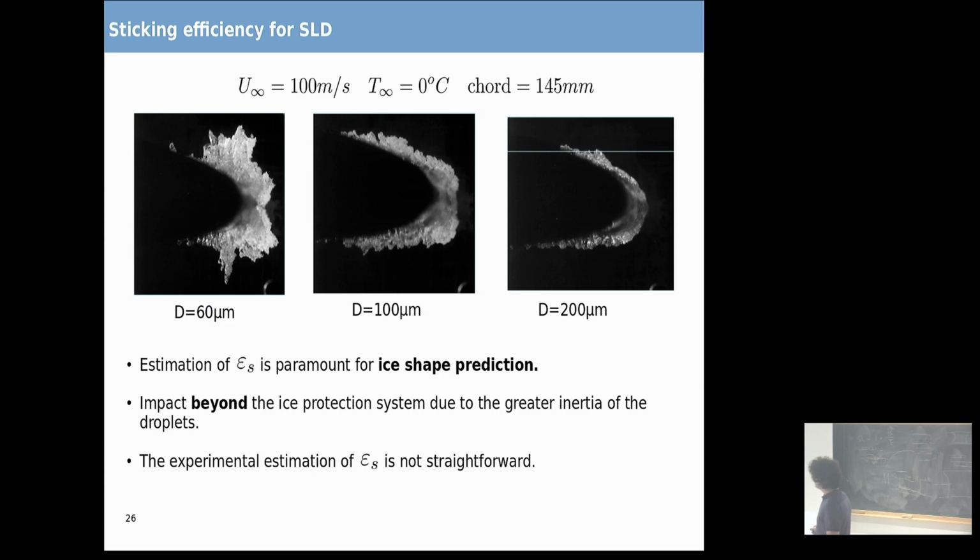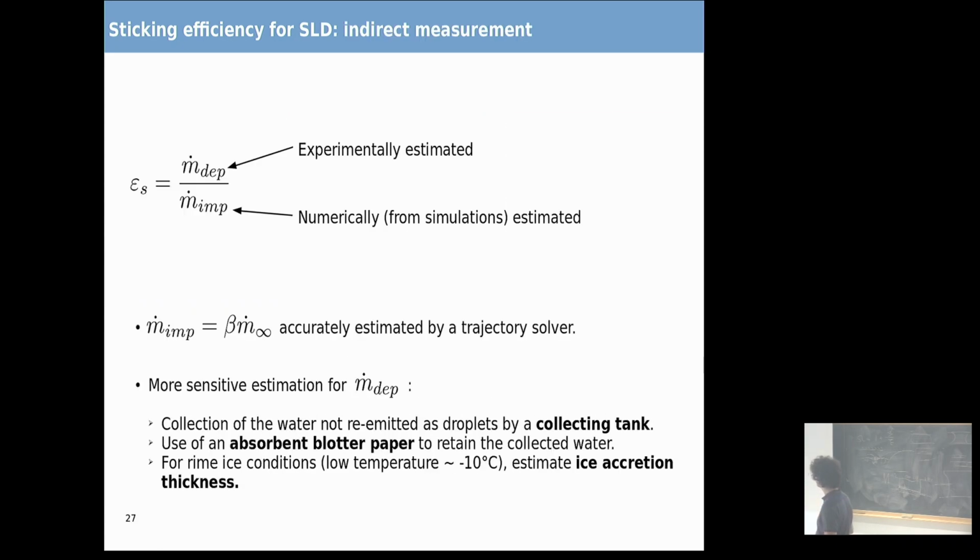And to be honest, building a model for epsilon s is not that easy, because experimental estimation of this coefficient is not straightforward, especially for large velocity. How we try to build a model for epsilon s is to combine both numerical and experimental aspects.